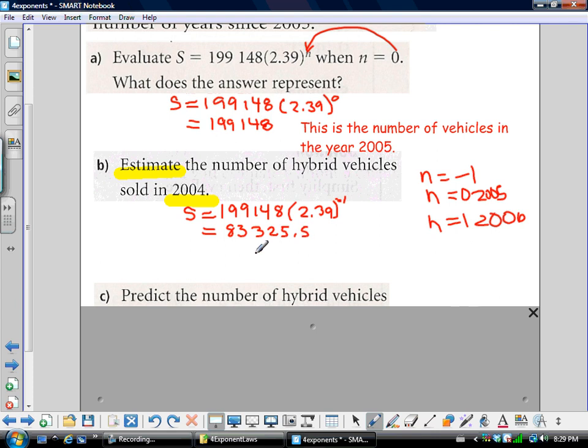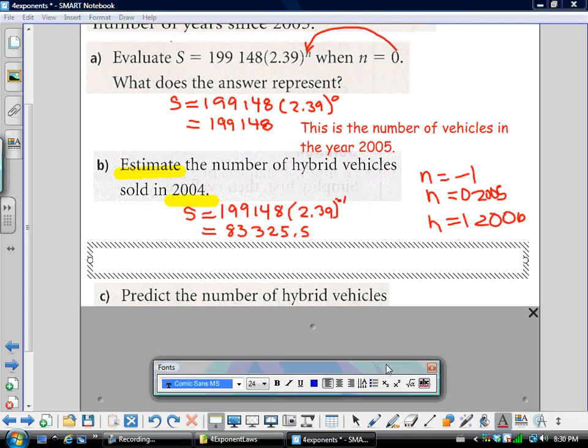So what I would put for my answer, approximately, because remember I'm doing an estimate, is approximately 83,326 vehicles in 2004.